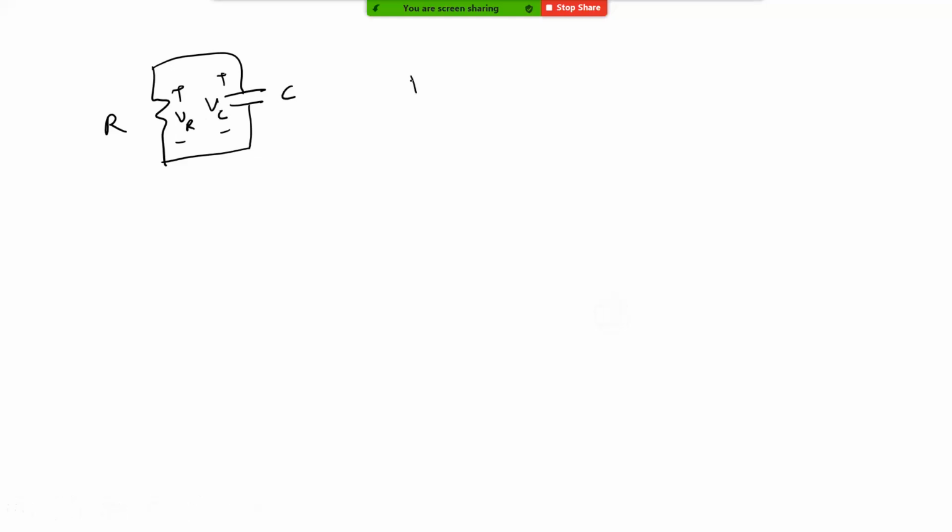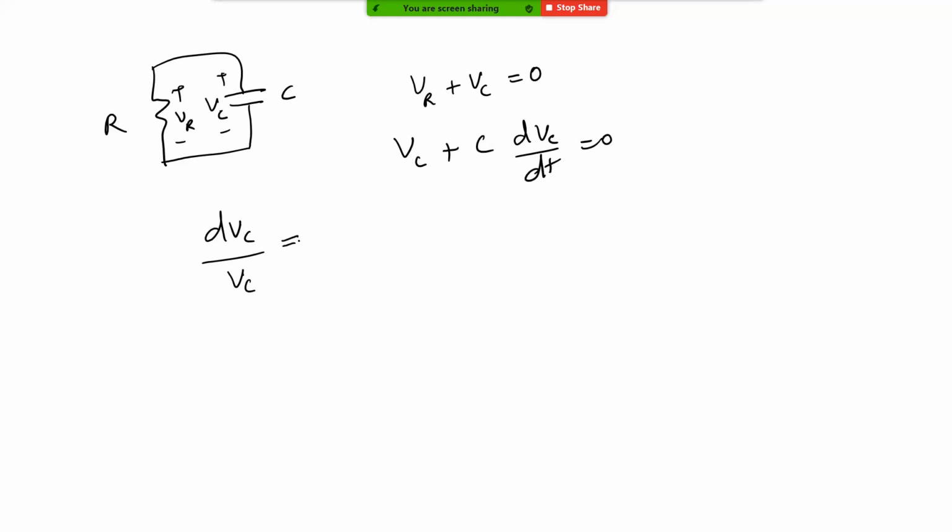VR plus VC equals 0, and we can say that VC plus RC times dVC by dt is 0. Now we can move things around: dVC by VC equal to minus dt by RC.